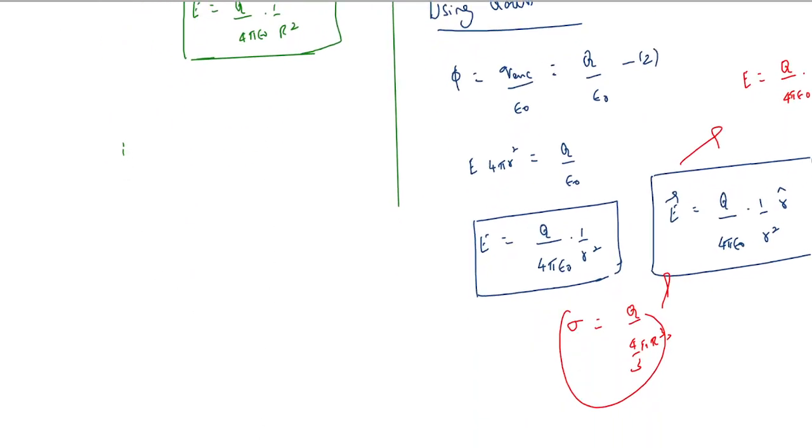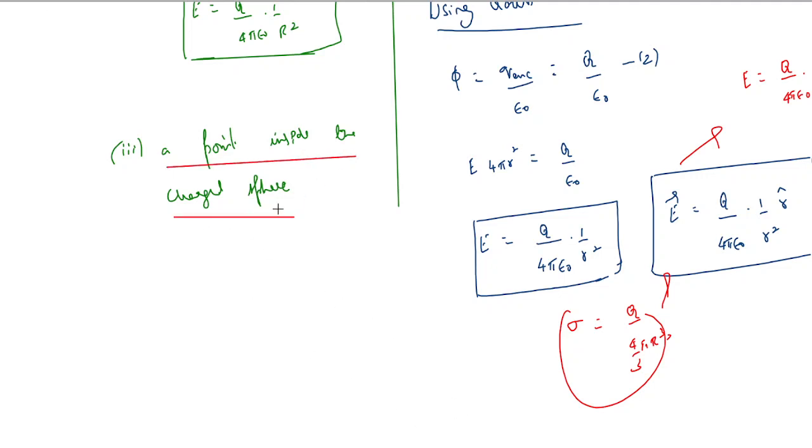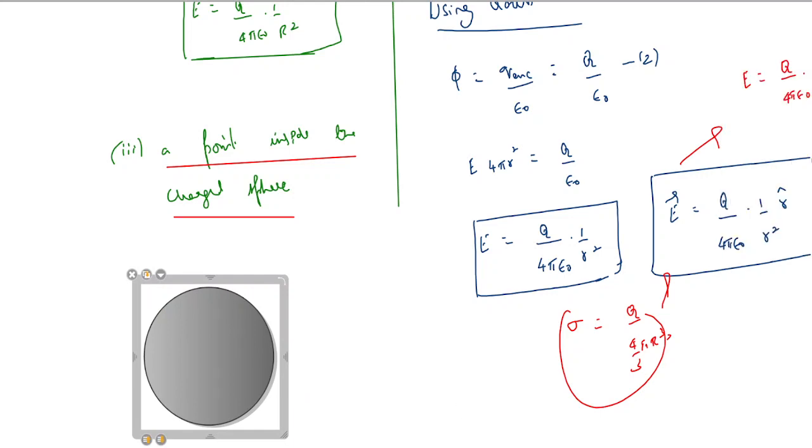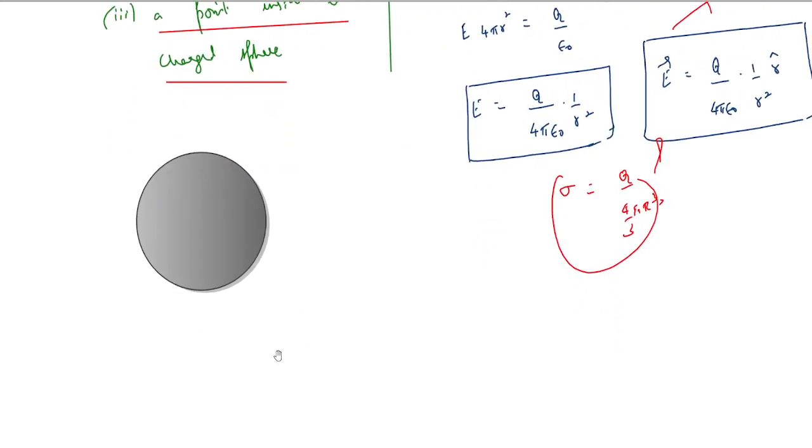Now comes an interesting point. For a point inside the charged sphere. So we'll take a point inside the charged sphere. We'll first draw the charged sphere as given here.